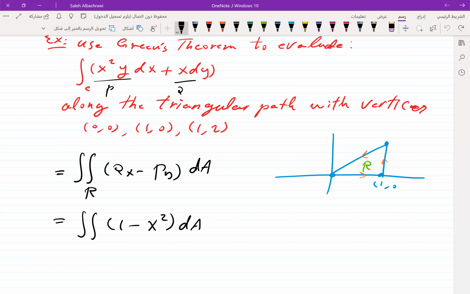We differentiate Q with respect to x, I will have 1, and differentiate P with respect to y, I will have x squared, over R. Now this is R. I can use type 1 or type 2.